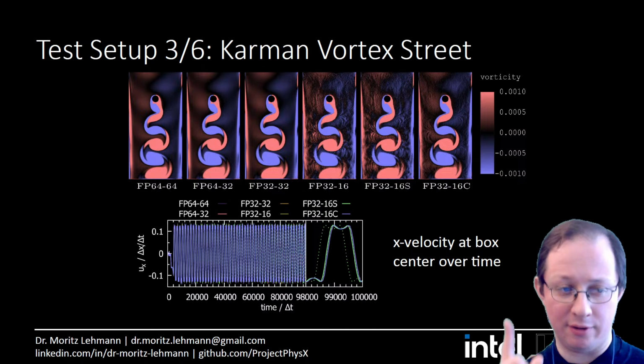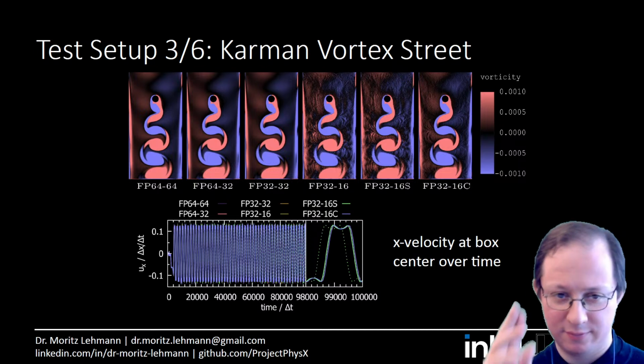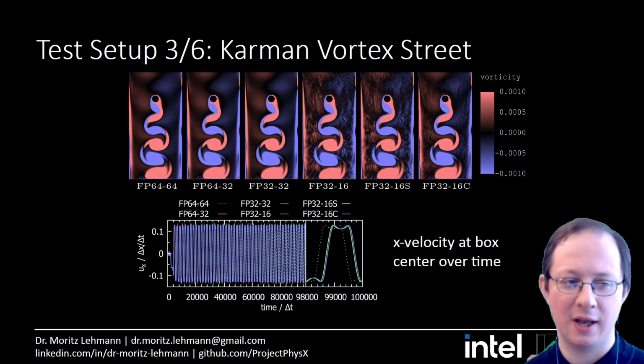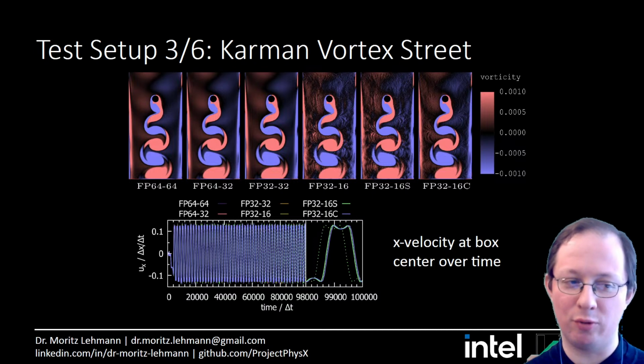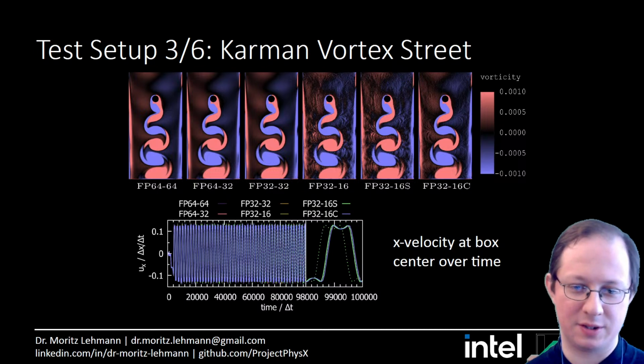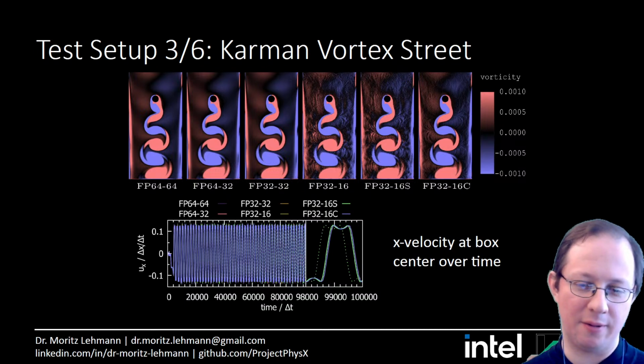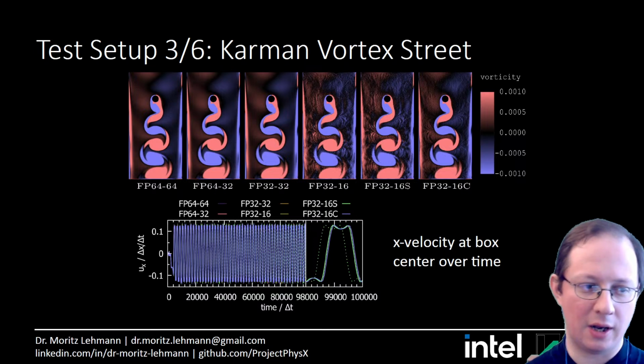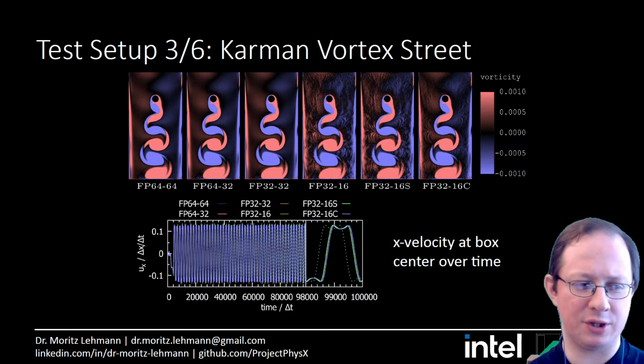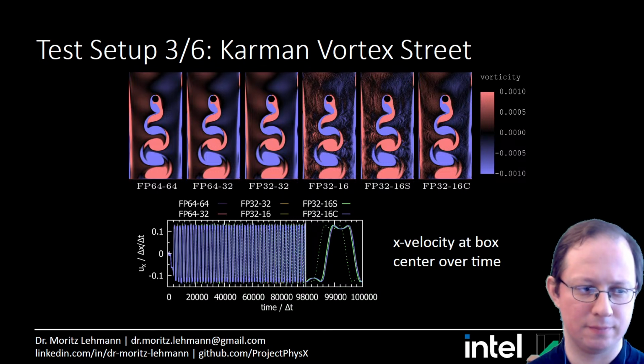No, so to be fair, and speaking wearing my plasma physicist hat, for plasma physics, you probably would want at least the full FP32 everywhere, because vorticity would be the curl of the velocity, right?